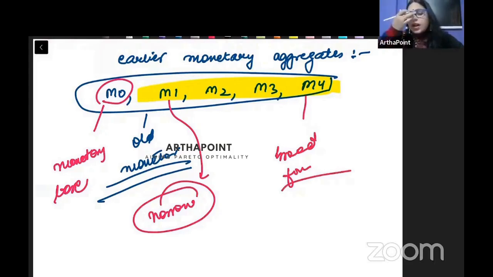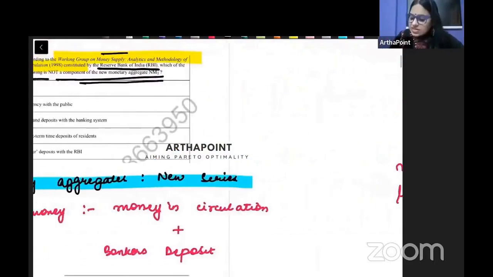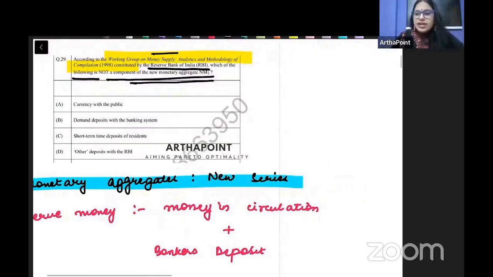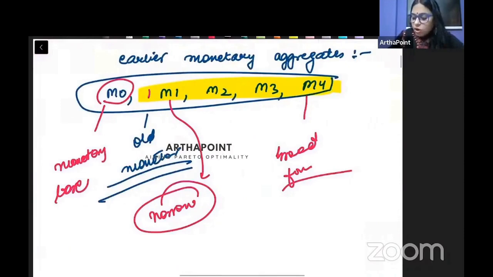Narrow, broad. अब क्या हुआ? In 1998, we had a working group, working committee. And in this working committee, we formed new monetary aggregates. हमने नए monetary aggregates को formulate किया. These new monetary aggregates were called NM1, NM2, NM3.